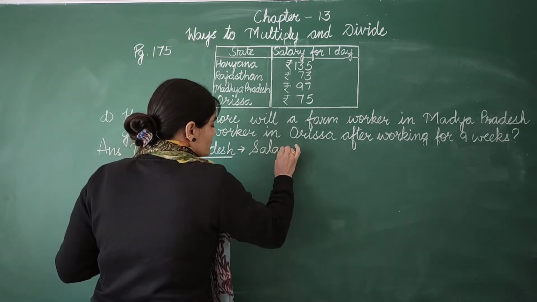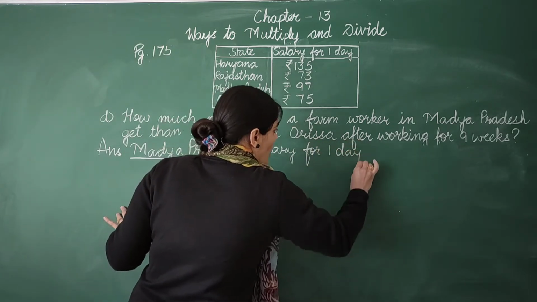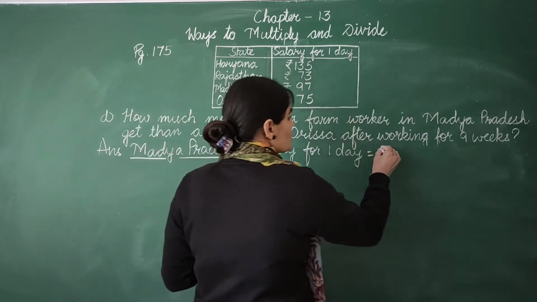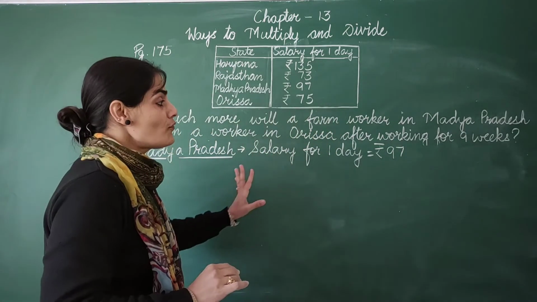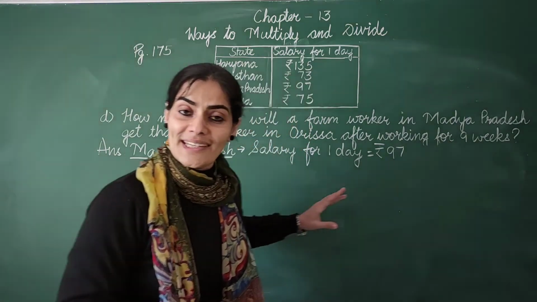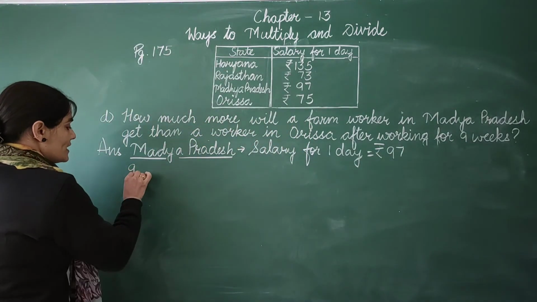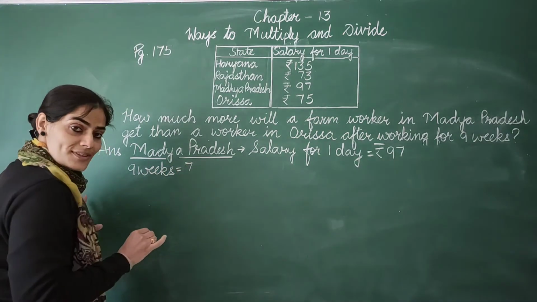Salary for 1 day. How much is that, beta? It is rupees 97. Now we are required to find it for 9 weeks. And how many days are there in 9 weeks? Number of days in 1 week is equal to 7.